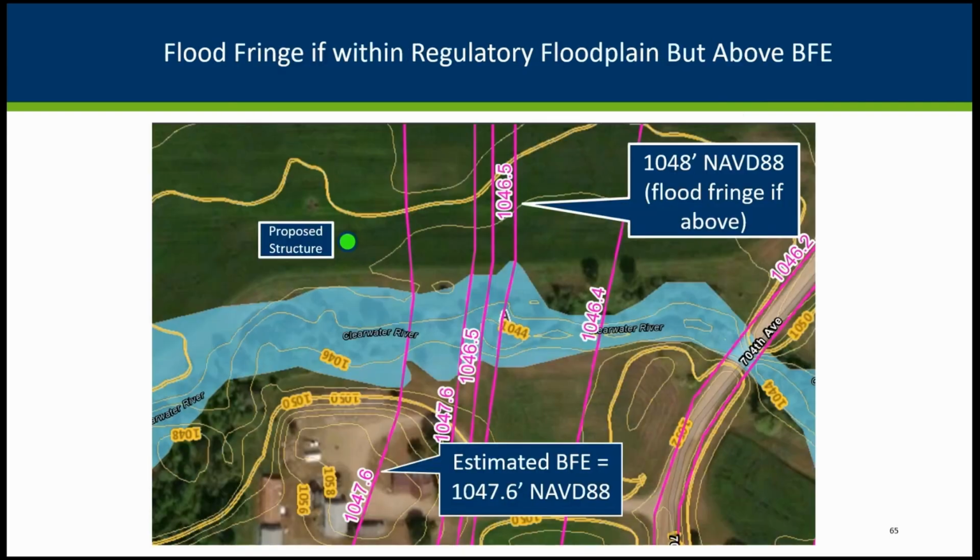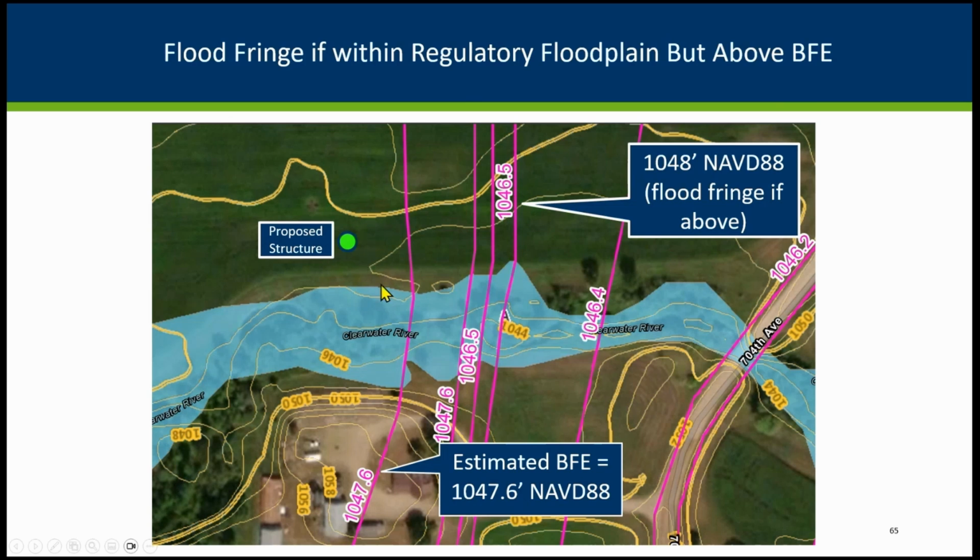But these next couple examples are a little bit less clear. In this first example, we show a proposed structure, and we can see that the top callout shows the 1048 contour going through that site. Looking at the elevations shown on the pink lines, the highest elevation near that proposed site is 1047.6.